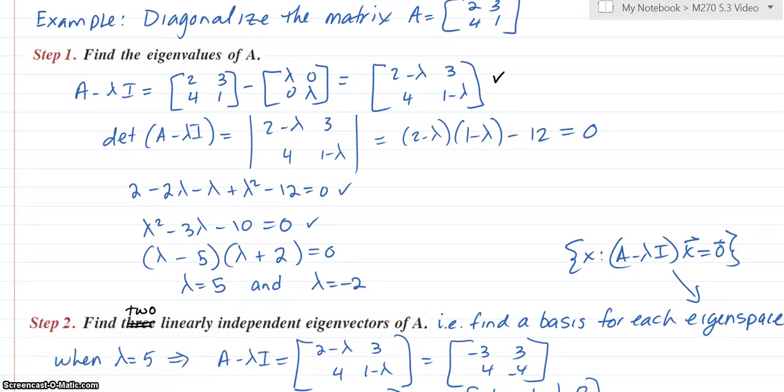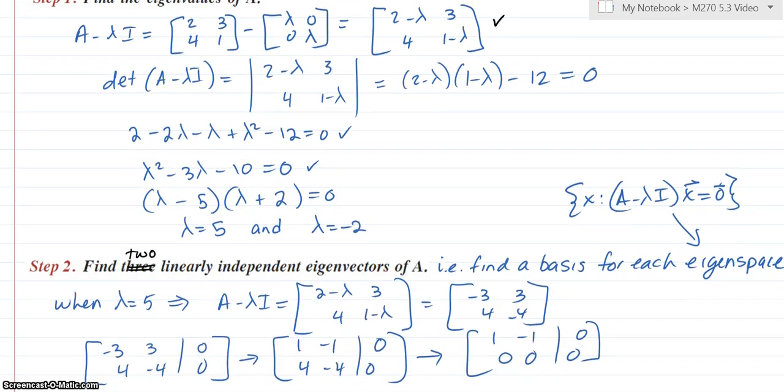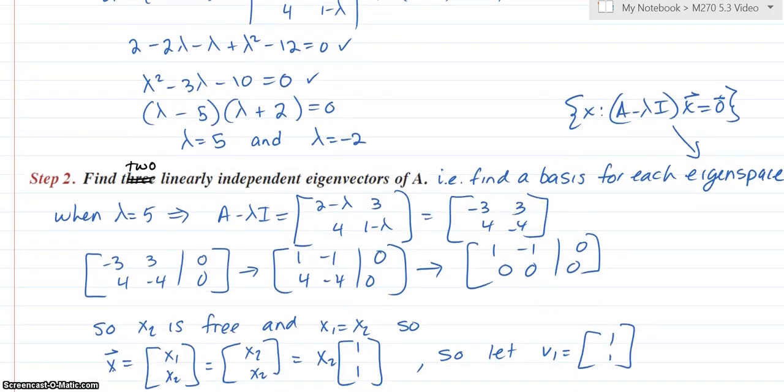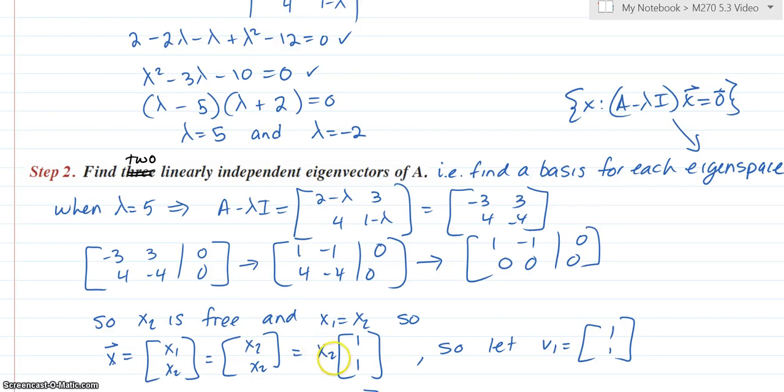When lambda is 5, I plug in 5 into lambda here, and that's where I get negative 3 and negative 4, and these stay the same. I find the solution to this homogeneous equation, and I get this basis. I'm just going to let V1 be any vector, so I'm going to let x1 be 1, and there is V1.